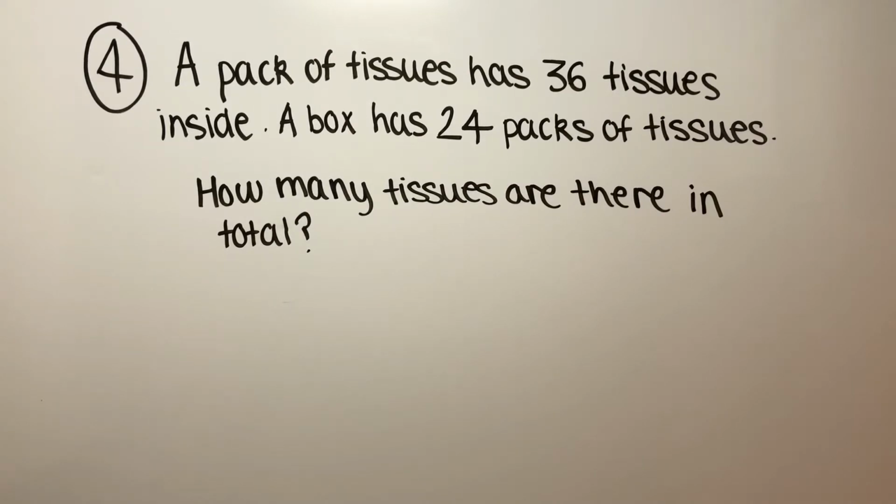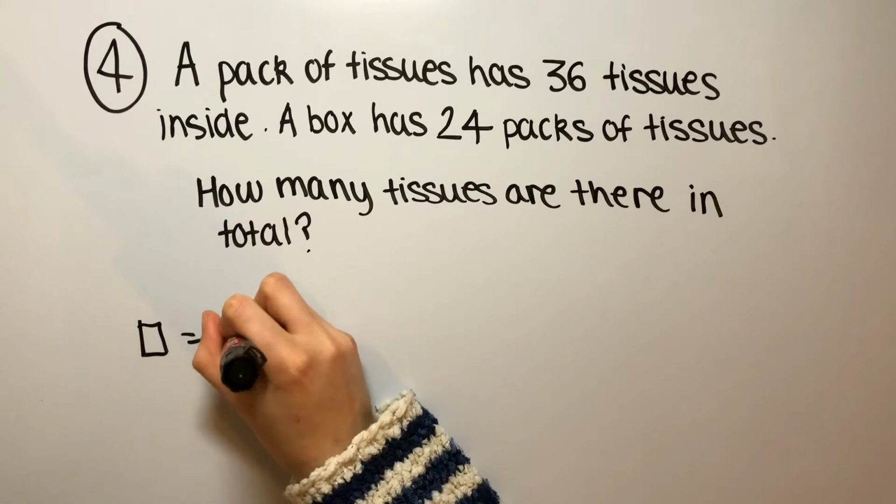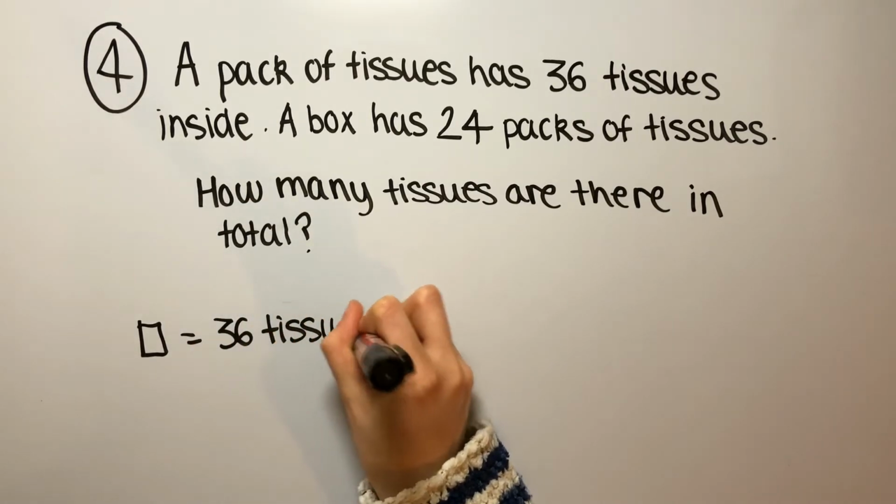Question 4. A pack of tissues has 36 tissues inside. A box has 24 packs of tissues. How many tissues are there in total? Here is our pack of tissues, and we are told that there are 36 tissues in each pack.